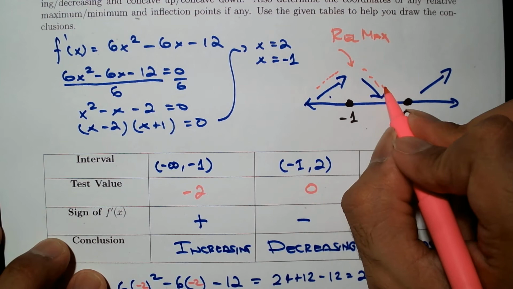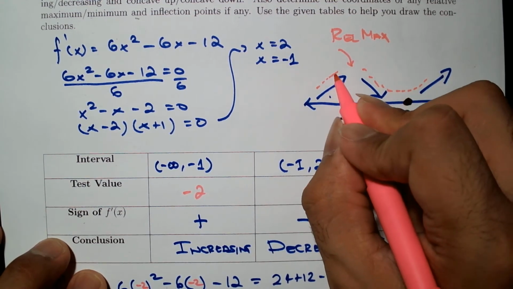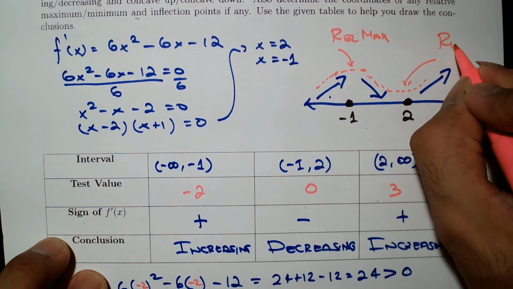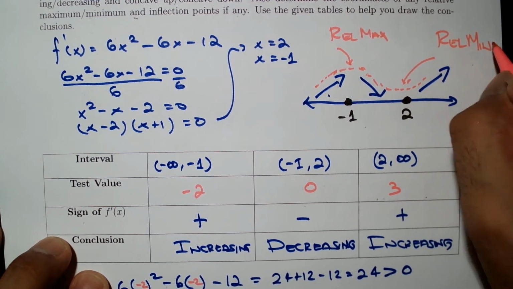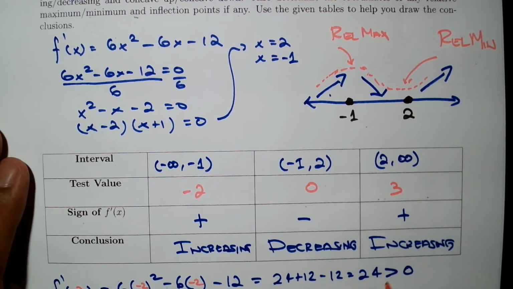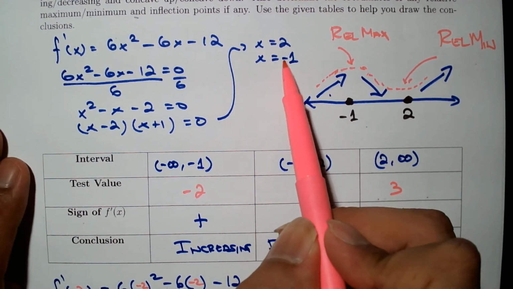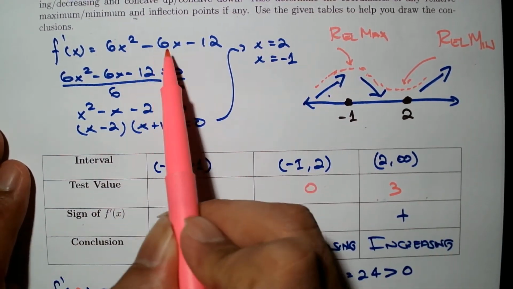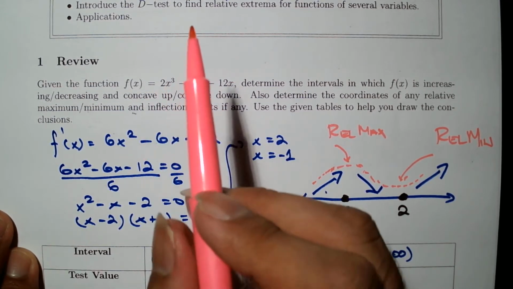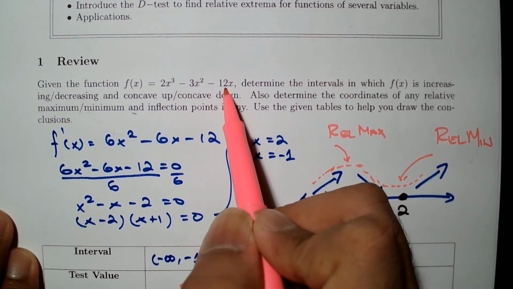Over here, notice the behavior. We are going to have a relative minimum. Now, how do we get the points of those relative extrema? All we do is plug in these two numbers in the original function, x cubed minus 3x squared minus 12x.